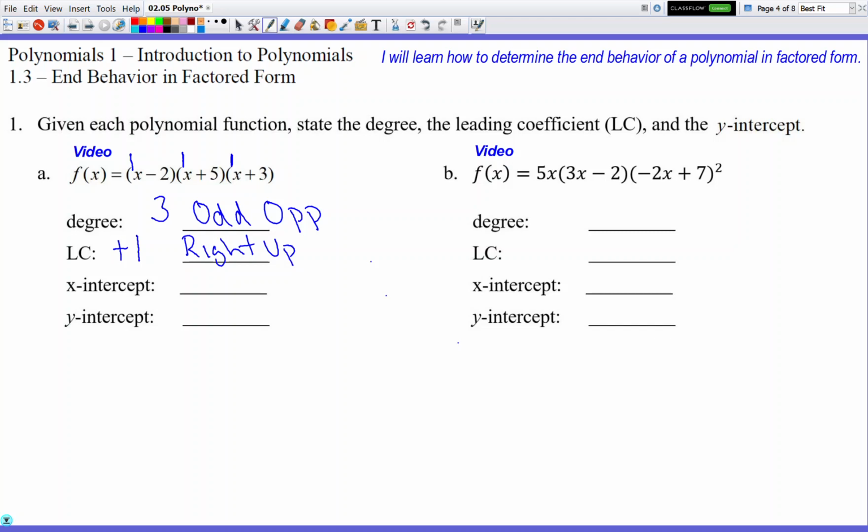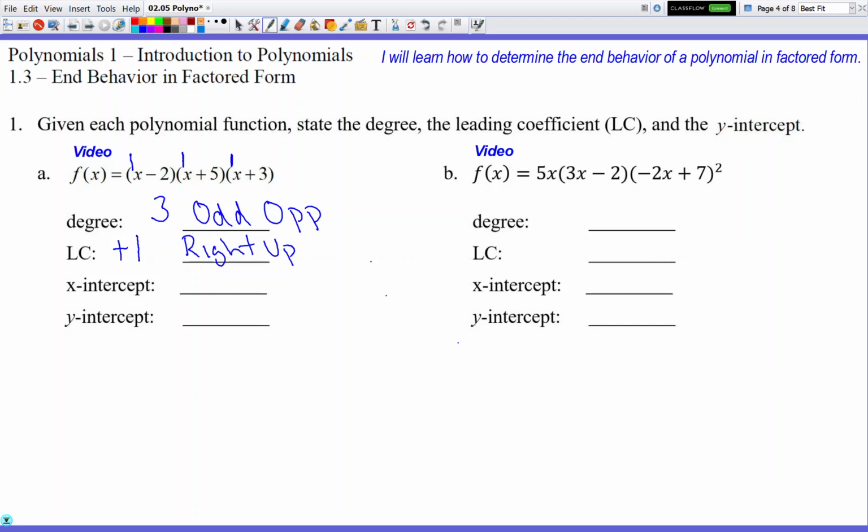All right, so x-intercept. We never asked you to do x-intercept so far in this topic yet. We asked you how to do x-intercept in other quadratic function lessons, but we didn't ask you to do it here yet. So how do we do x-intercept? Well, it's going to be the same exact way we did x-intercept if it was a quadratic function.